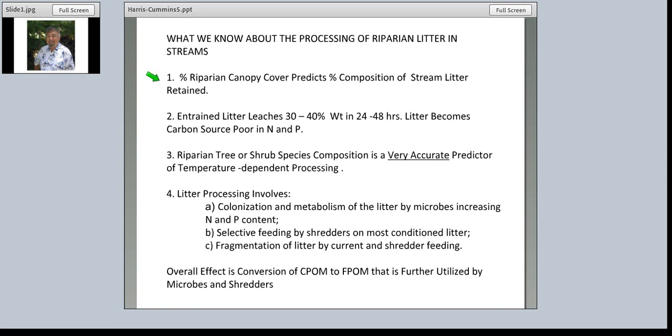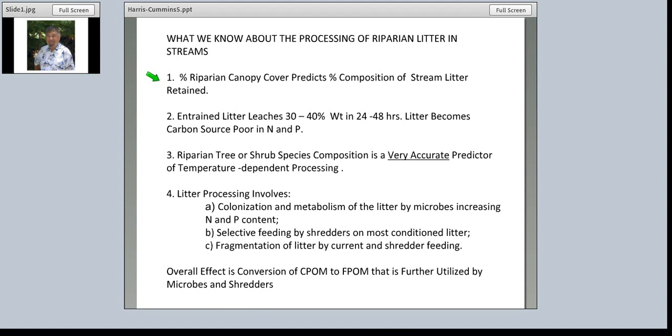Just get the percent cover in the riparian zone. That predicts very accurately the percent composition of the litter that you could find retained in the stream. That's not surprising, but it's nice to have empirical validation of this, because if you measure this cover, which you can do remotely with GIS, then you have a good predictor of what's going to be the composition of litter in the stream. Once the litter is retained, it loses a lot of its weight, 30 to 40% of its dry weight in 24 to 48 hours.